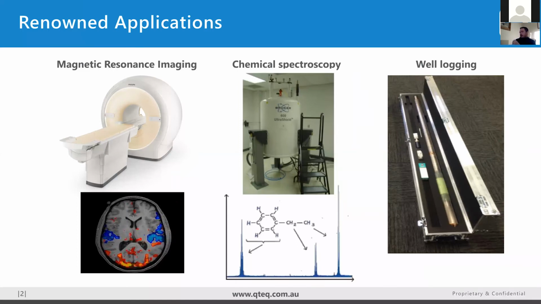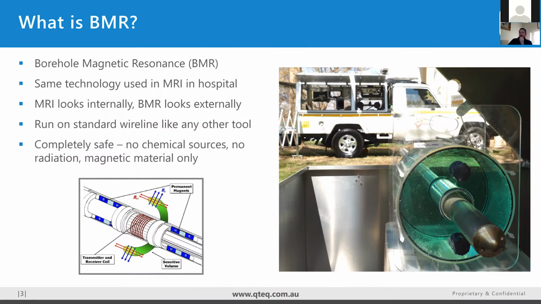Borehole magnetic resonance uses the principle called nuclear magnetic resonance. This is the same technology that's used in hospitals for magnetic resonance imaging and chemical spectroscopy. It uses different size magnetic fields, but the principle and the physics behind the measurement are the same.